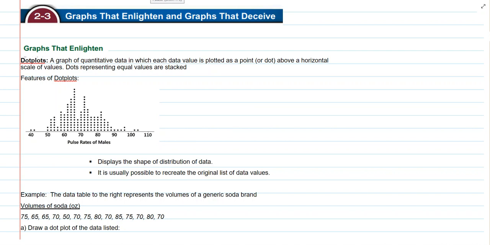Continuing on graphs, this section is called Graphs That Enlighten and Graphs That Deceive.